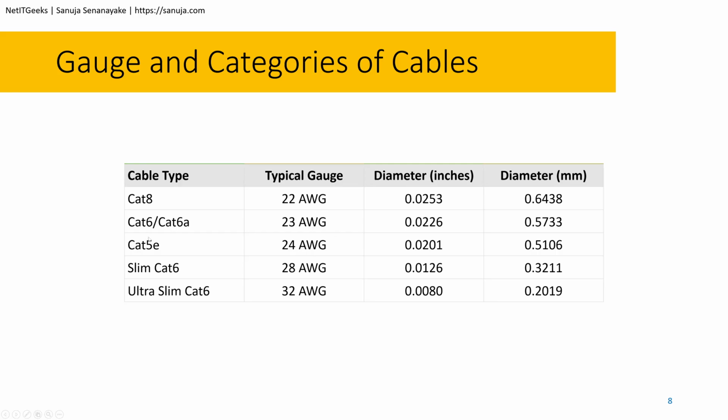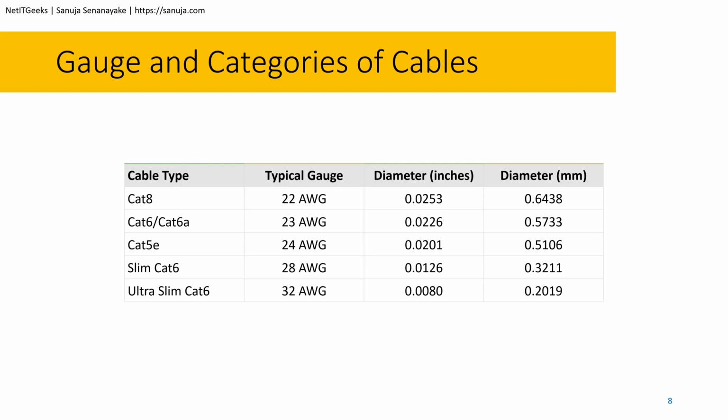However, the Cat 6 regular cable has 23 gauge, but Cat 6 Ultra Slim has 32 gauge. So how is this even possible? The reason is that the gauge is not directly proportional to the data transmission rate. Keep that in mind.